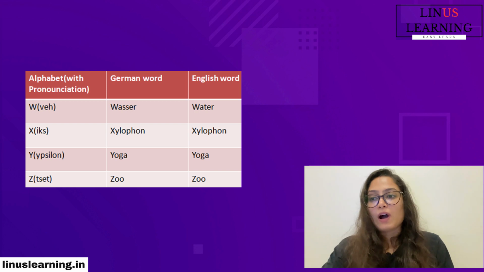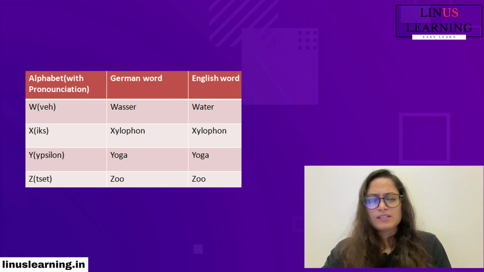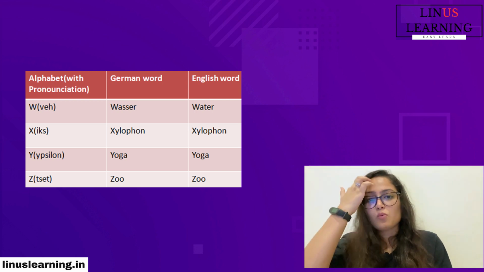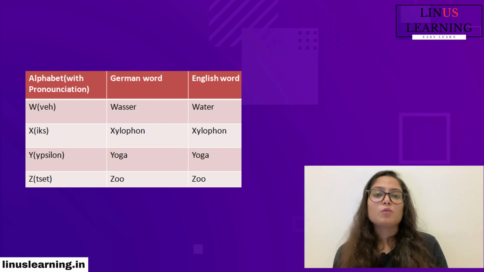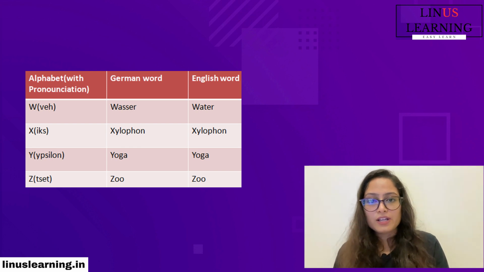Then Y is a little bit tricky, but it's easy once you get it. Y is Ypsilon. That's just the letter name. If I give you a word, for example yacht, and ask what letter it starts with, in German you will say Ypsilon.